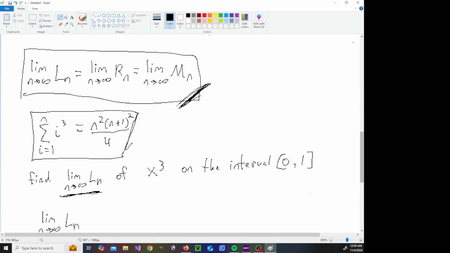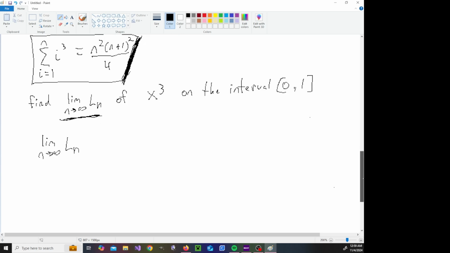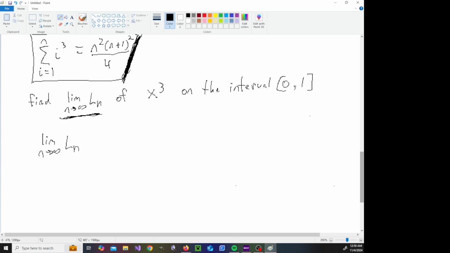Does that cooperate better with this piece of information that we have right here? Index starts at 1, goes up to n? Yeah, absolutely. So for that reason, I don't actually need to use left rectangles. I could also just use right rectangles and go from there.